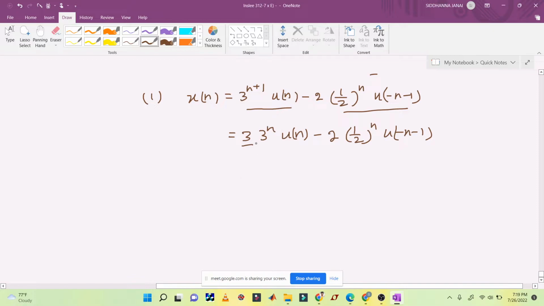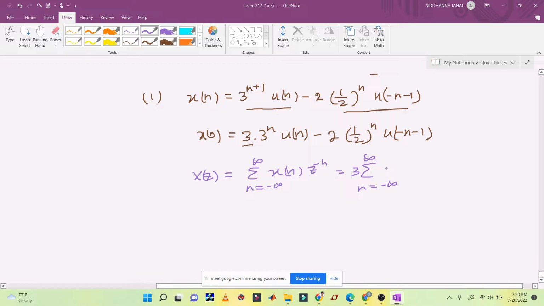So now we'll solve it using the regular method. What is the regular method? X of z is equal to summation n is equal to minus infinity to plus infinity x of n z to the power minus n.